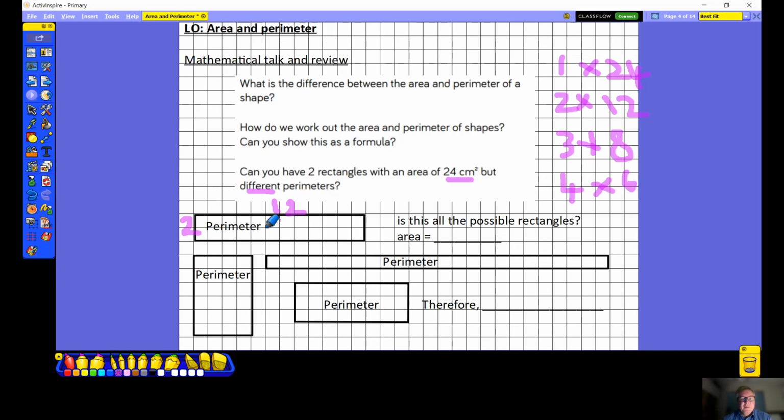Now, once you've labelled them, you then can find out the perimeter. So what's the perimeter of that one? Okay, yeah, that's one way of doing it. 12 plus 12 is 24, plus 2 is 26, plus 2 is 28. How else could we do it?